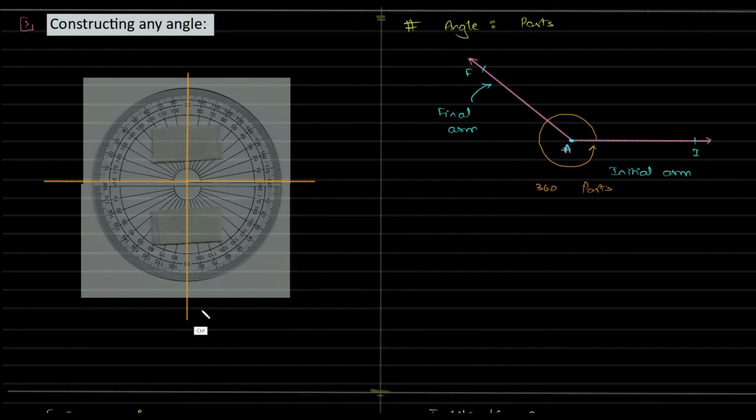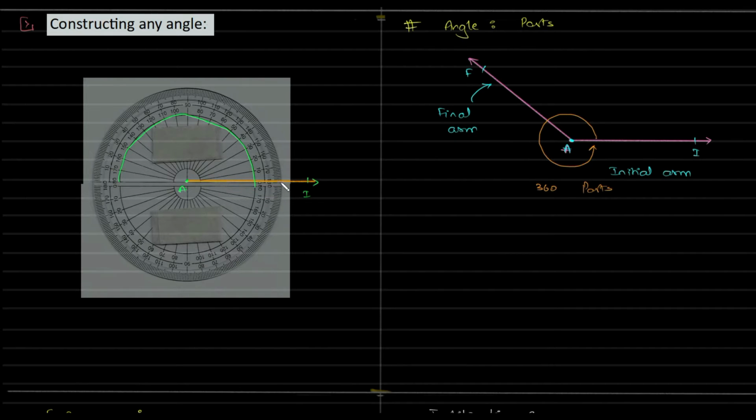But we are not talking about the protractor, we are talking about how to do it with the compass. So let's come back to the initial arm again. With our compass, I will draw an arc. That's the whole idea of a compass, right? We can draw circles.